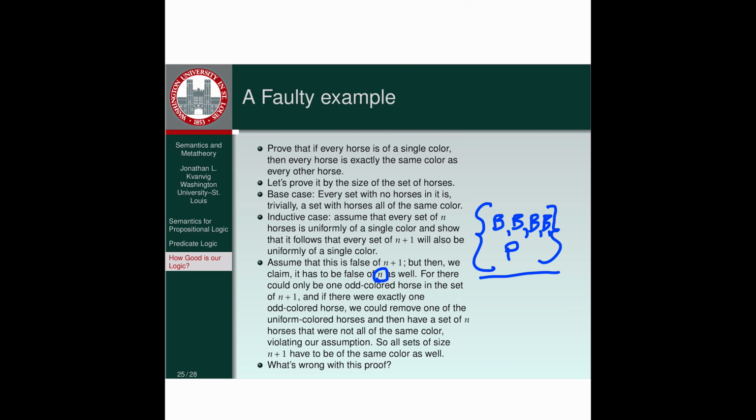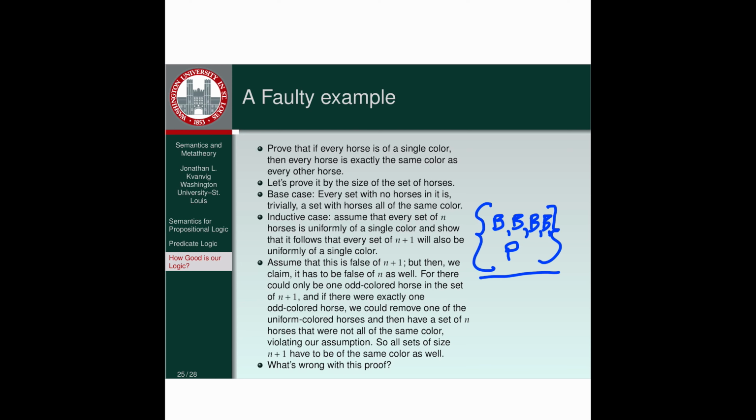So what's the problem? Is there an inconsistency here? Yes, there is. If you're assuming all sets of 4 horses are of the same color, then you can't have different colors for sets of 5. Why? Because sets of 4 are any possible subsets of sets of 5.